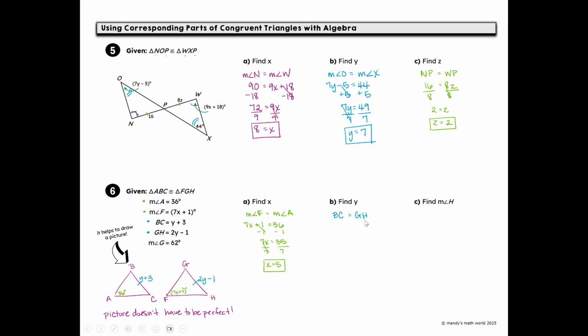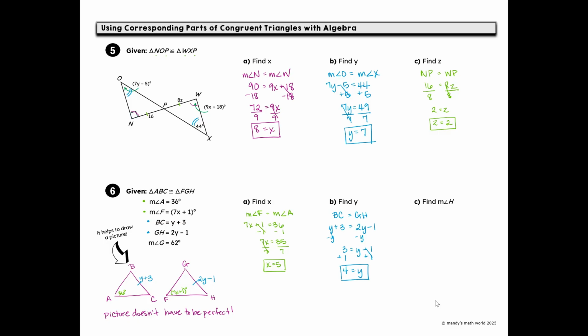So the length of BC is equal to the length of GH. BC is y plus 3, GH is 2y minus 1. I need to move my variables to one side and my constants to the other. So I subtract y from both sides. I get 3 equals y minus 1. I'm going to add 1 to both sides, and I get y equals 4.